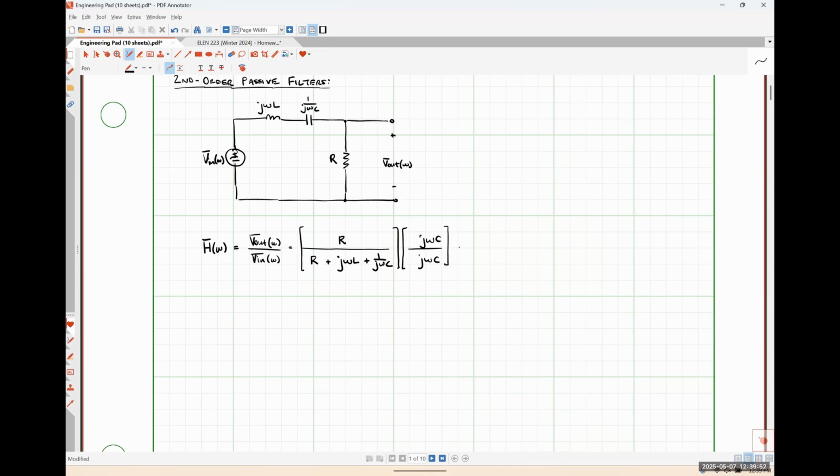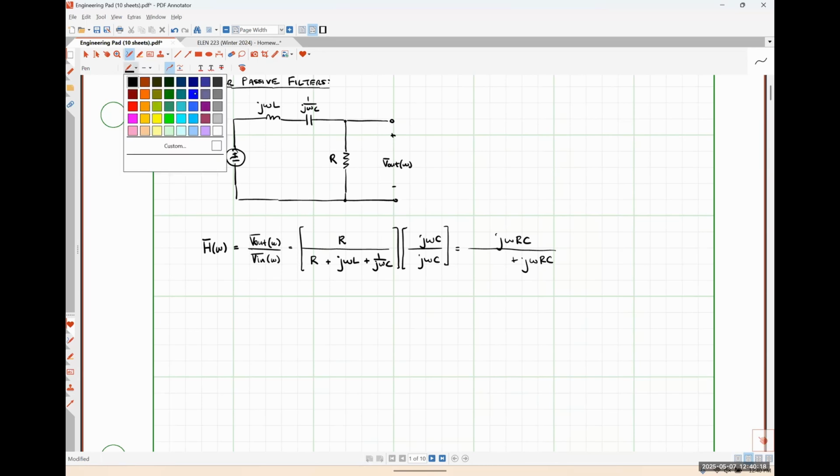So this is going to wind up giving me j omega RC in my numerator. And then in my denominator, I'm going to have an imaginary term, so let me put that plus j omega RC. For my real term, let's play around with this math real quick.